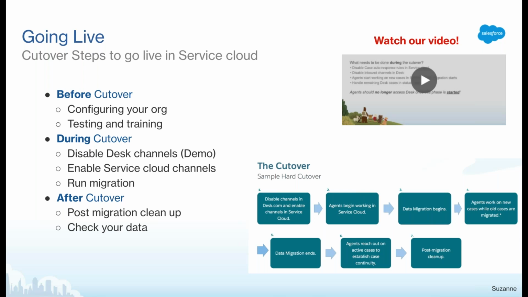So what we did today, we added a mailbox. Adding a mailbox in Service Cloud is one step. You want to also turn that same channel off in desk.com, and I'll show you in a little bit where to do that. So you're enabling Service Cloud channels, but you're also disabling desk.com channels.